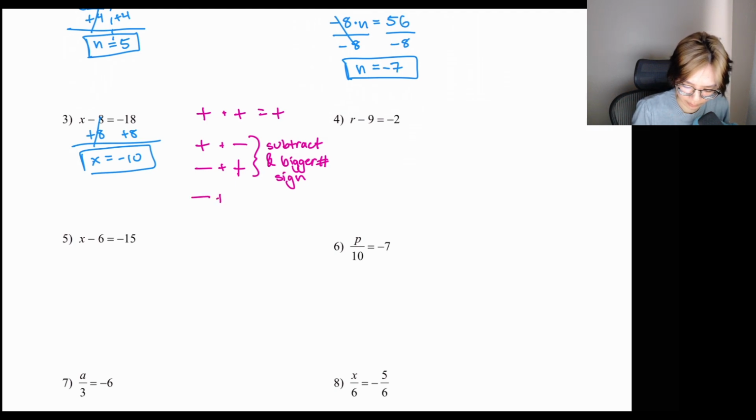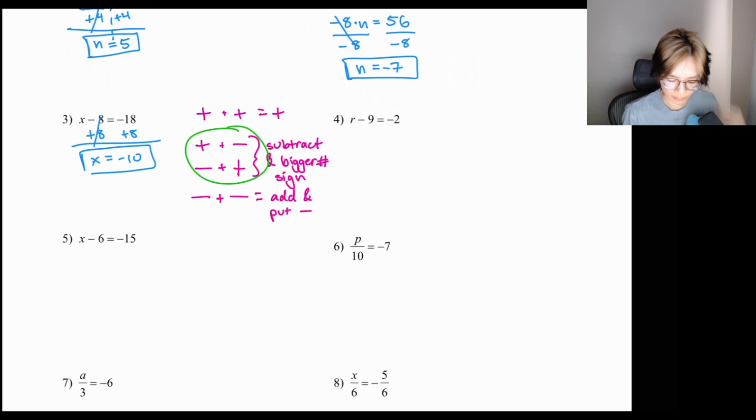And if you're doing a negative plus a negative, then you just add normally and put a negative sign. This case uses the second one, because we have a negative number plus a positive number.